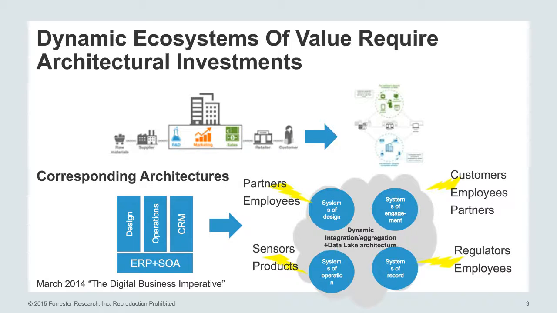But that's not the end of the split from the system of records. We should recognize that probably we will also get system of operation or system of automation, and system of design.